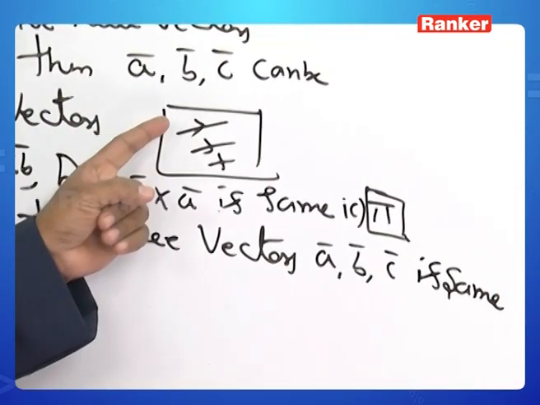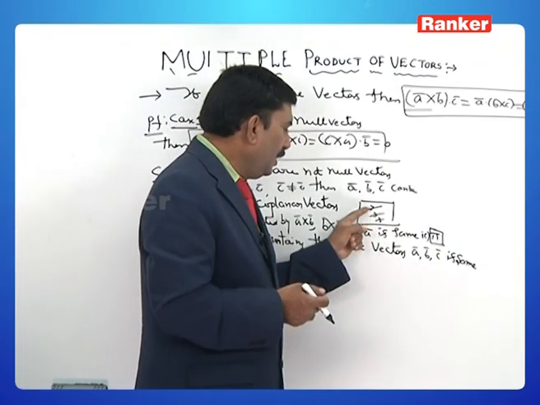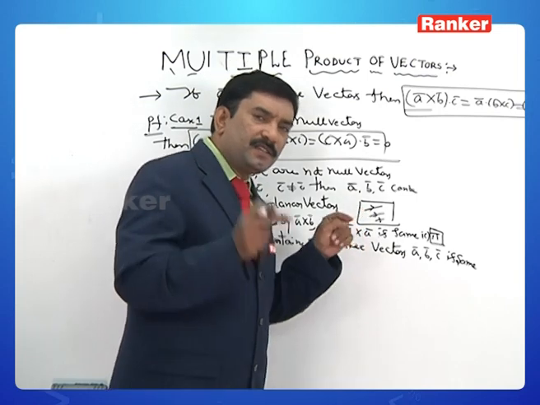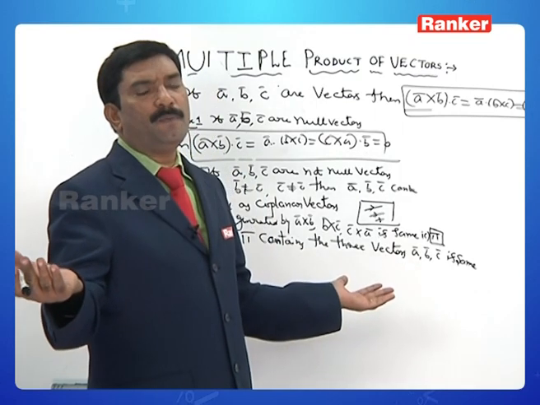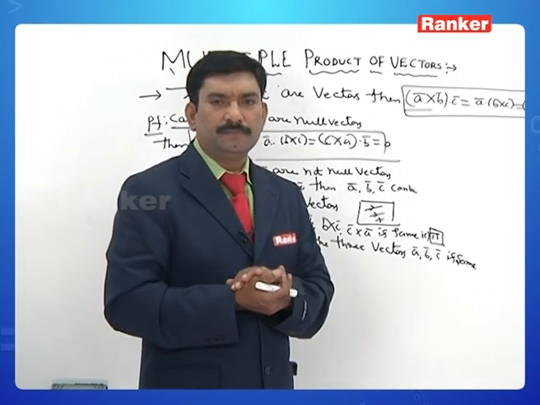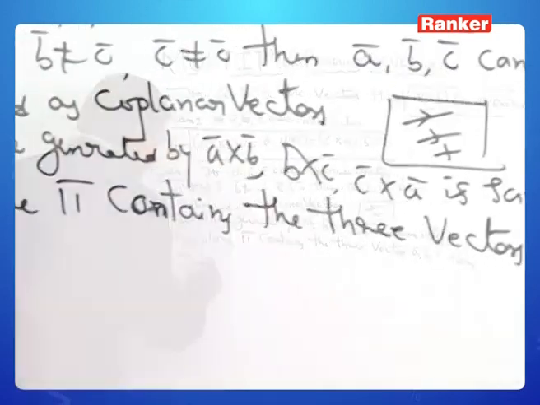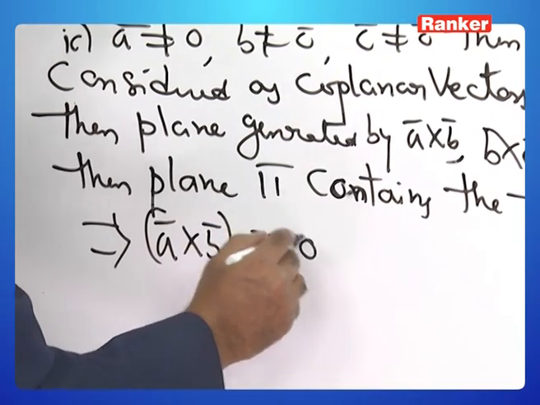Now, when A bar, B bar, C bar are lying in a plane, A cross B is perpendicular to A bar and B bar. Since C bar also lies in the same plane, A cross B is perpendicular to C bar, which implies A bar cross B bar dot C bar is equal to 0.